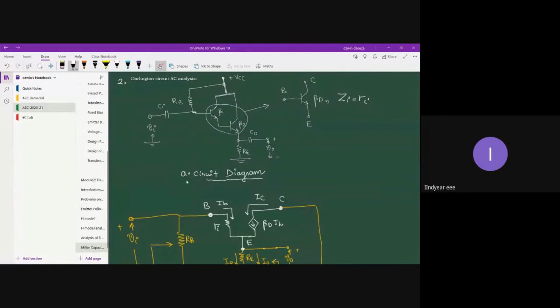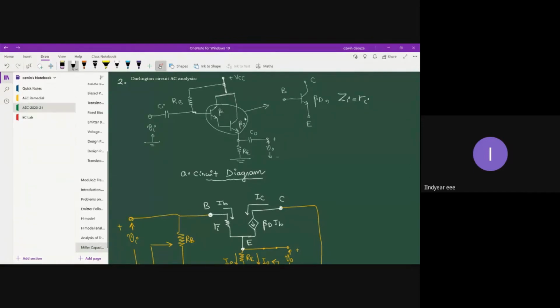Okay, so figure A represents the circuit diagram. Okay, as you can see, this is based on the emitter bias circuit, right? You have resistor RB and you have biasing resistor RA. Okay, one noticeable difference is that it doesn't have a collector resistor. Okay, this is what is required for an emitter follower circuit. There are two transistors having individual gains beta 1 and beta 2.